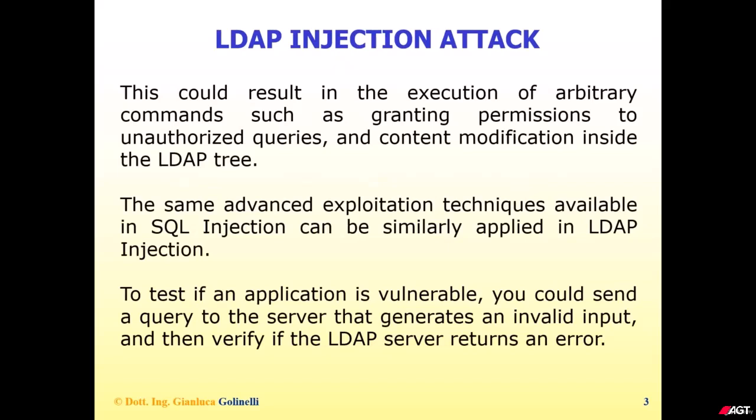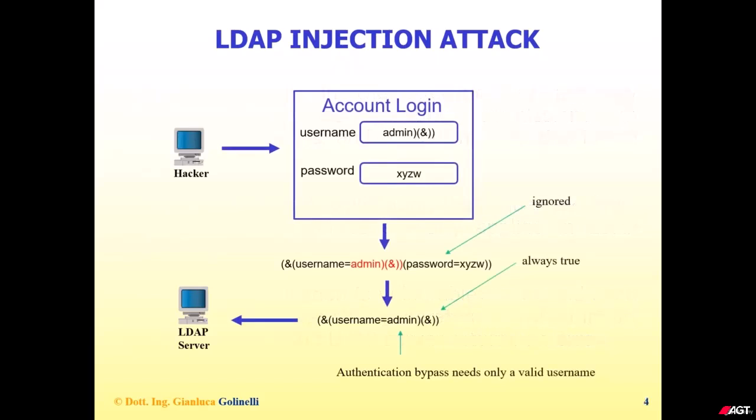If present, the vulnerability can have serious consequences, such as in the case of SQL injection, for example, a bypass of authentication without knowing the login credentials. In this slide, we see a typical example of LDAP injection for an authentication bypass.